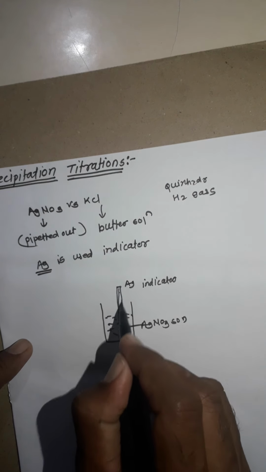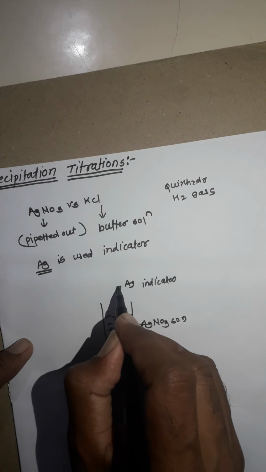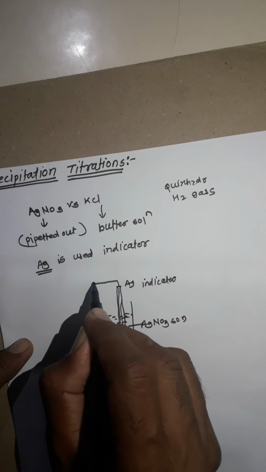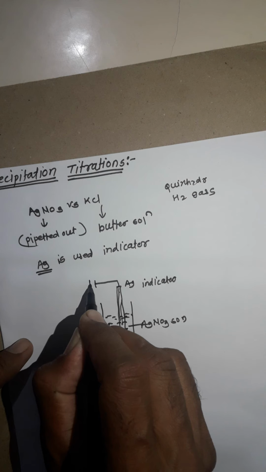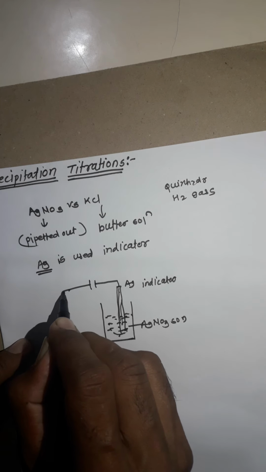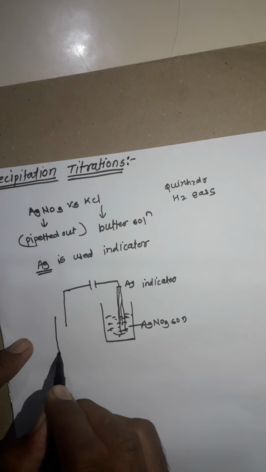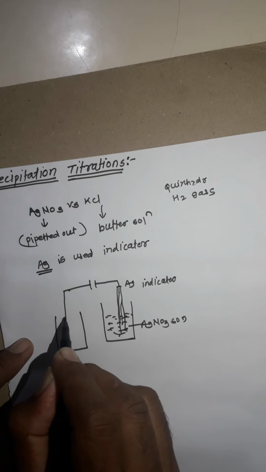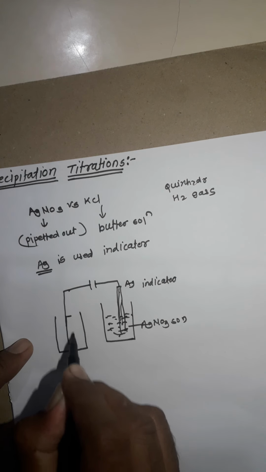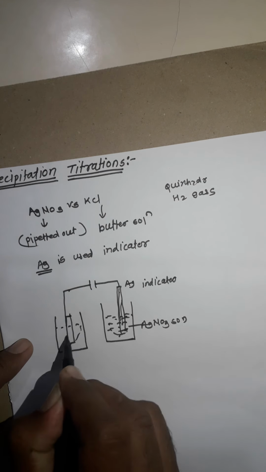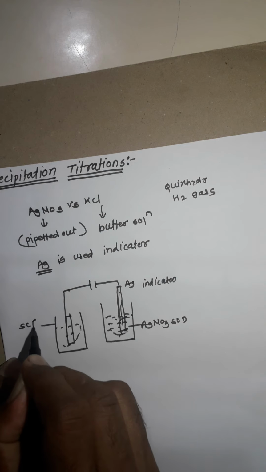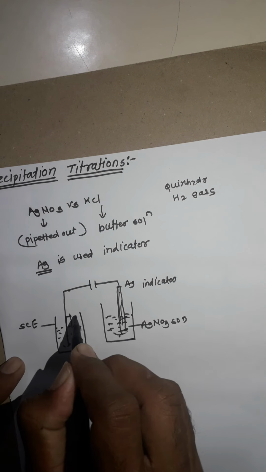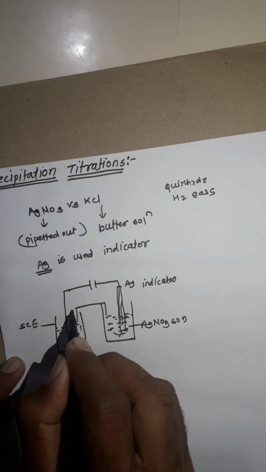This electrode is coupled with another electrode called the saturated calomel electrode, through a KNO3 salt bridge.